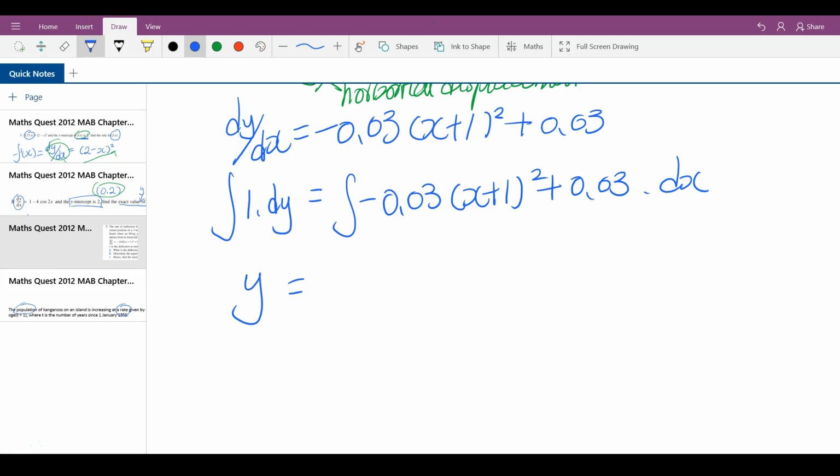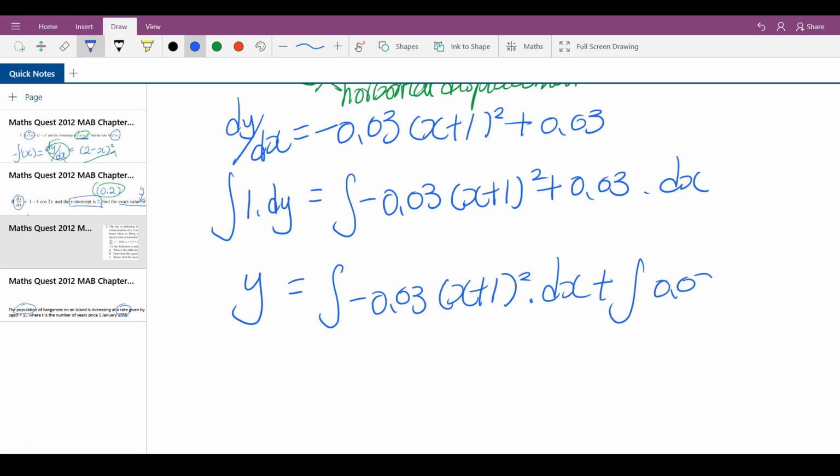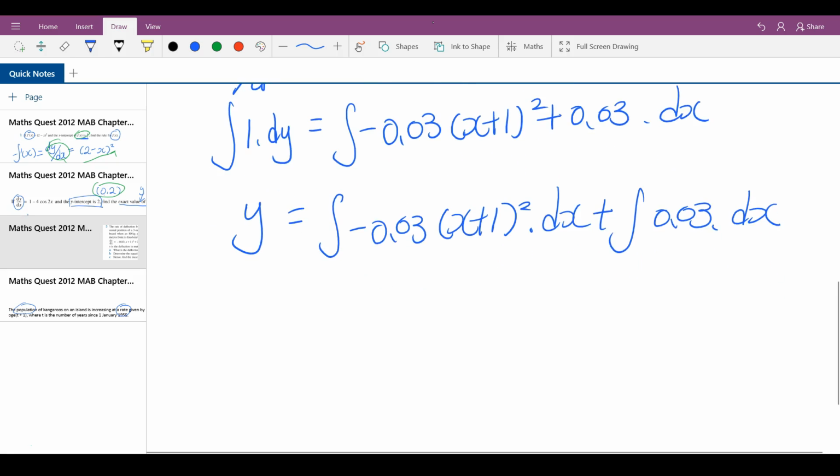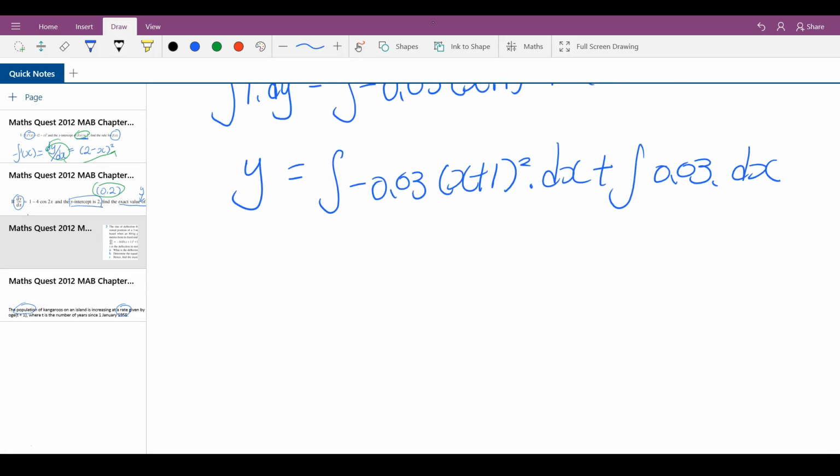Like I said last time, you can distribute the integration sign into the function or into the numbers, so we get this. It makes it easier to look at things.